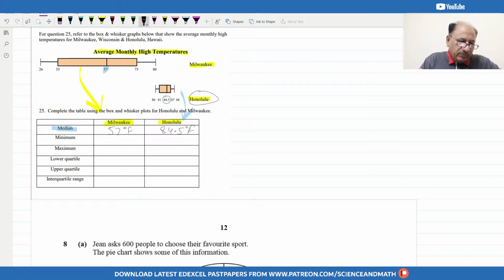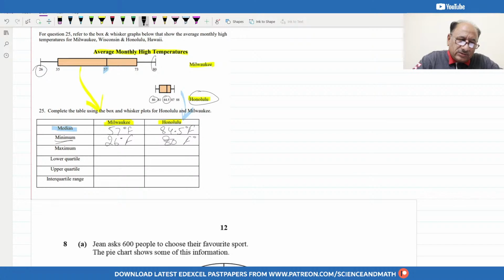Now next is the minimum value. This end of the box and whisker plot always gives the minimum value, which is 26 in this case, so we write 26 degree Fahrenheit, and in the other case the minimum is 80. So it's basically reading and understanding the box and whisker plot.